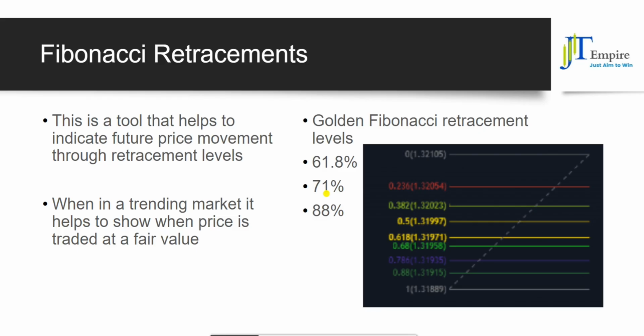But I like to also identify or highlight the 88% level because I see this as a very strong level. Right? Over here, we can see a picture of the Fibonacci retracement tool, and it shows you different levels. Further down this course, I will show you how to use the Fibonacci retracement tool.